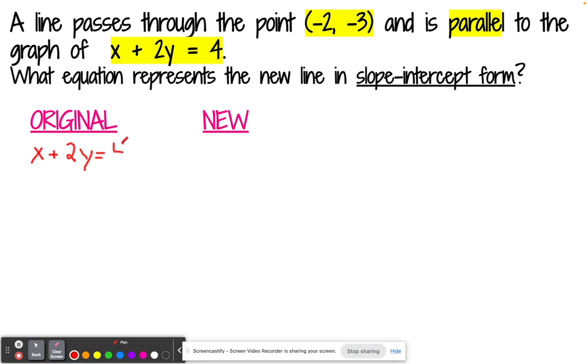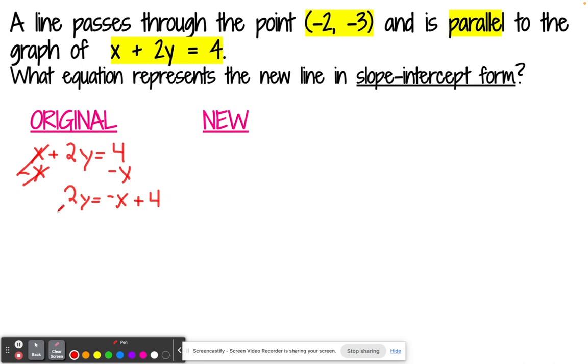Now the first thing I'm going to want to do is subtract x from both sides. And I get 2y equals negative x plus 4. I think I said x minus 4, but I meant negative x plus 4.